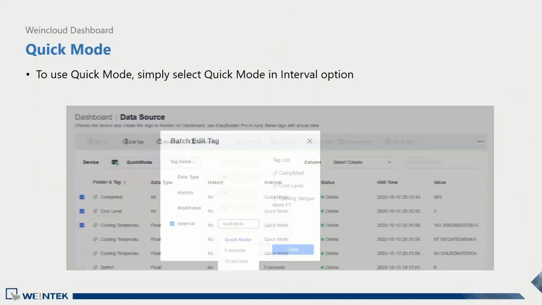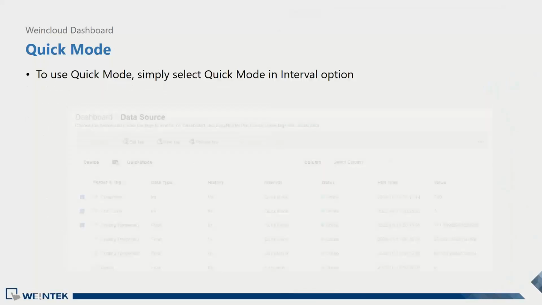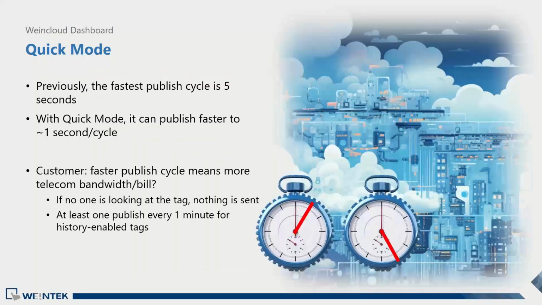You might wonder, does it mean we have to pay more bill for quick mode? In fact, we also considered this question, so we optimized quick mode. If no one is looking at the tag, no data is sent, but at least published 1 minute a time for history-enabled tags.